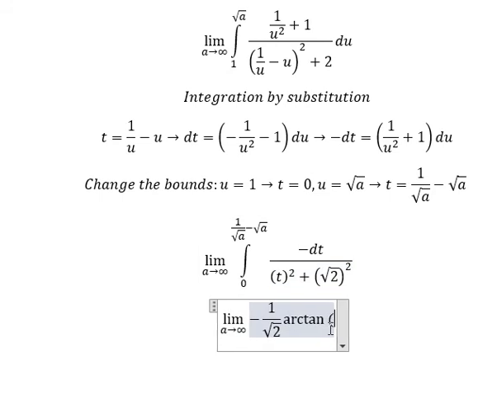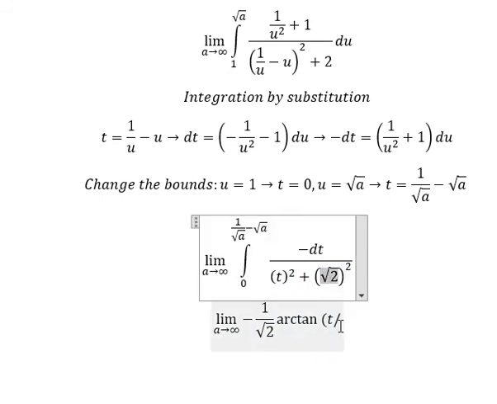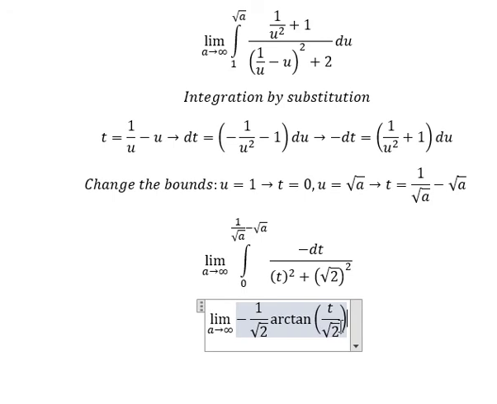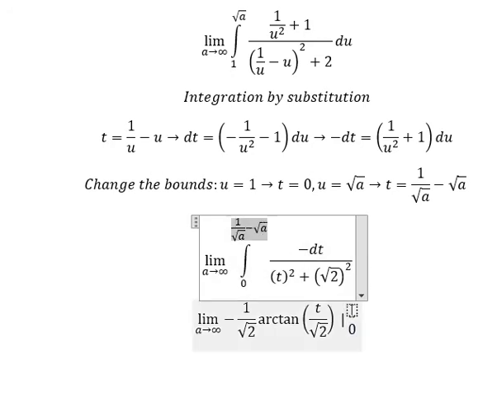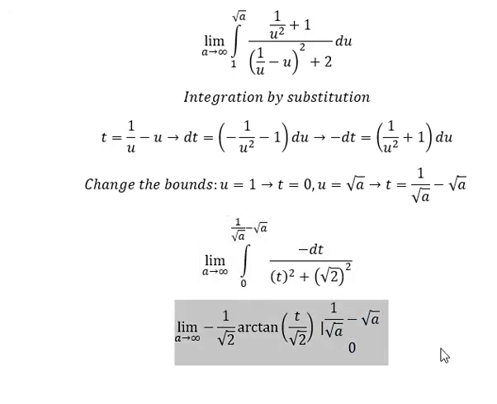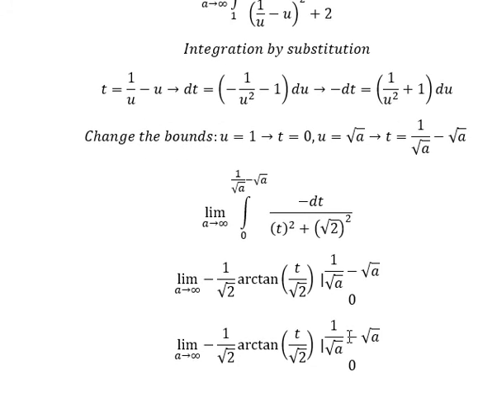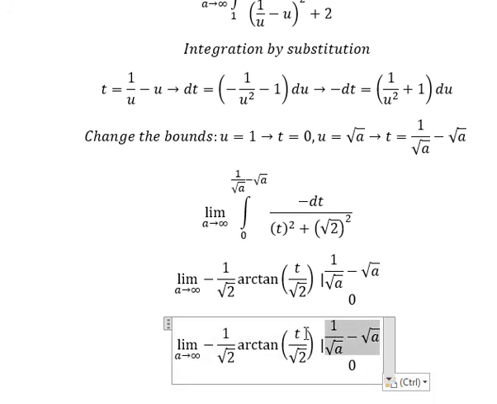And we have t over the square root of number 2. And then we put the bounds from 0 to this one. Now I will put this one going here, number 0 going here.